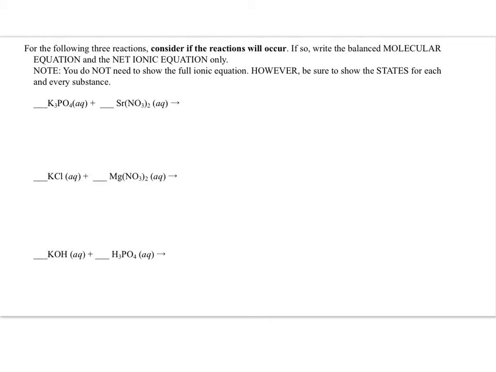As a result, we have the product strontium phosphate as precipitate and potassium nitrate in solution. So we have 3 strontium here to balance the reactions. We put 3 in here.